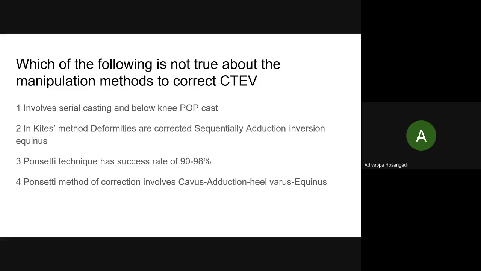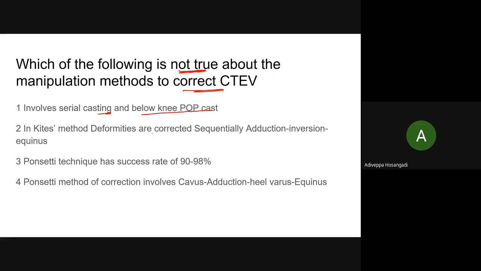Which of the following is not true about manipulation methods to correct CTV? It's very important, please read the choices very carefully. Correcting CTV involves serial casting, below-knee POP.